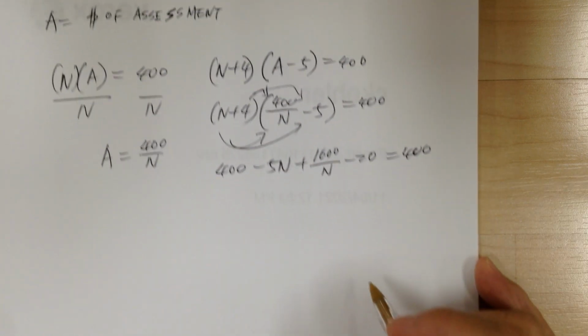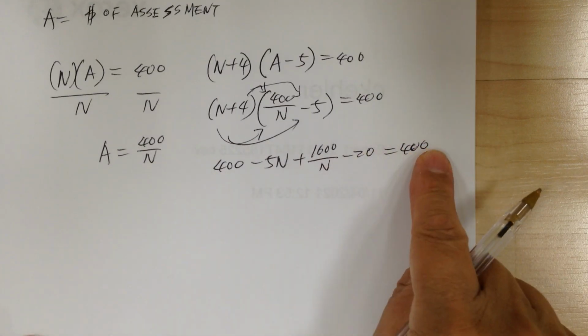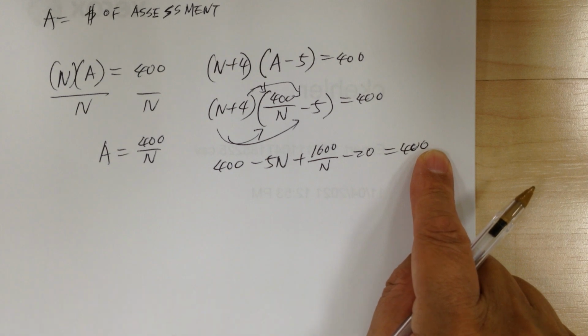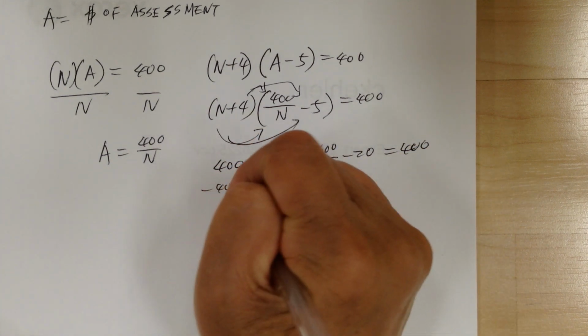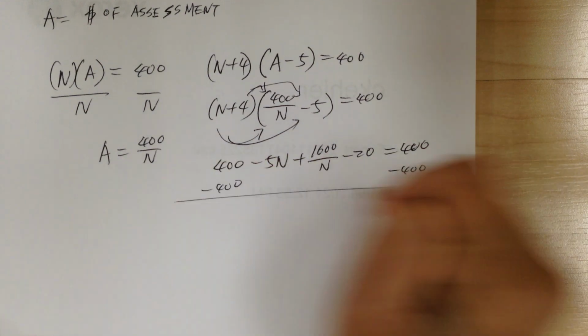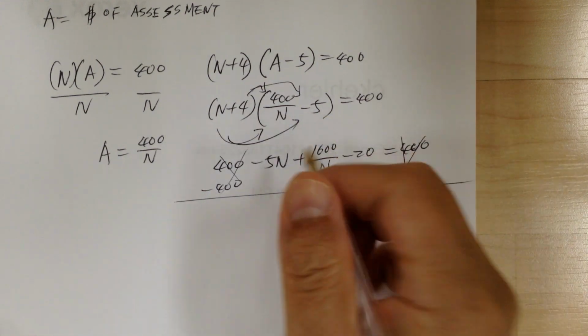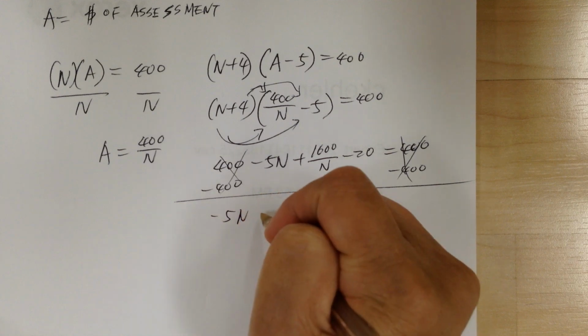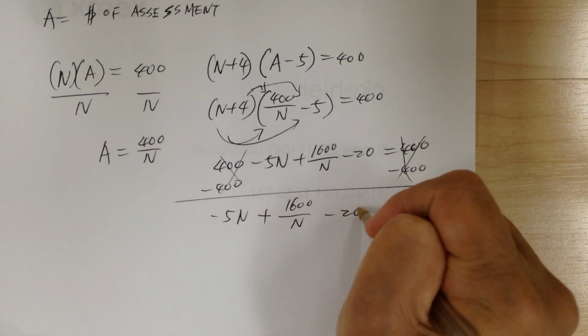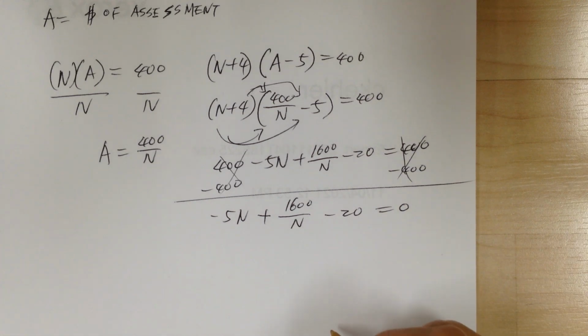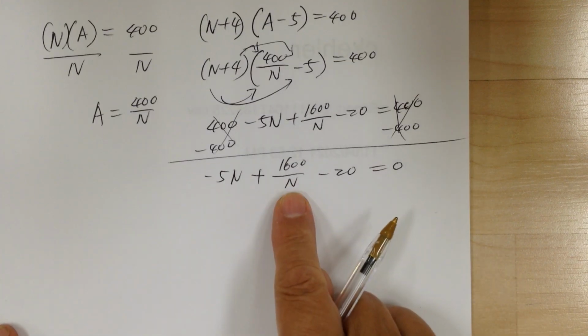Okay, and notice you have 400 and 400 over here, so I'm just going to subtract 400 on both sides. So this will cancel out. So I get minus 5N plus 1600 over N minus 20 equal to 0. Okay, now to get rid of the fraction, I need to multiply by the LCD.